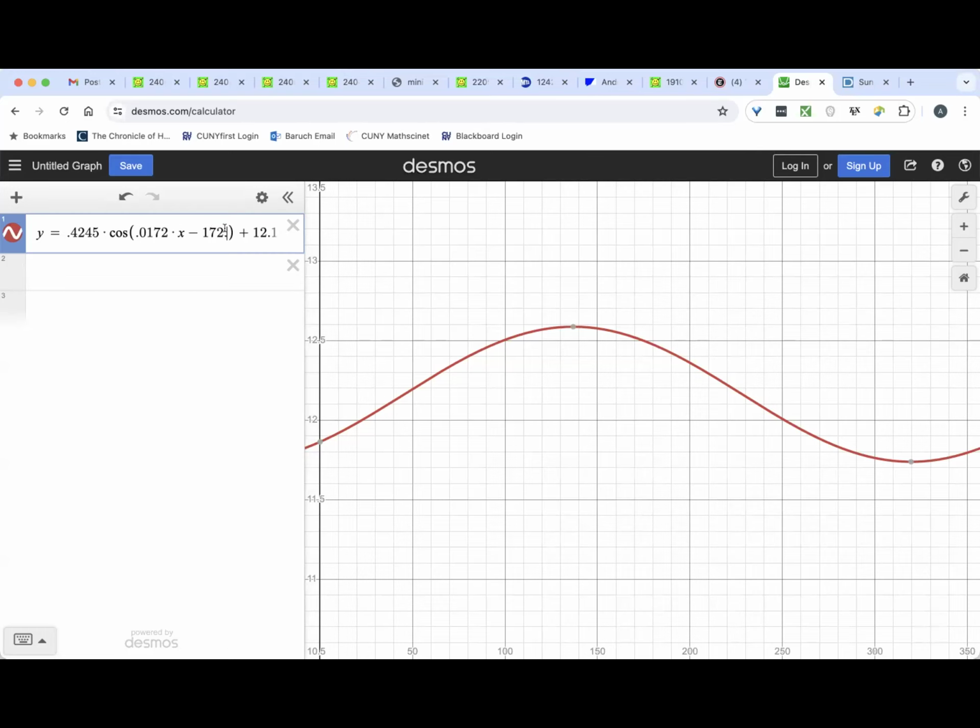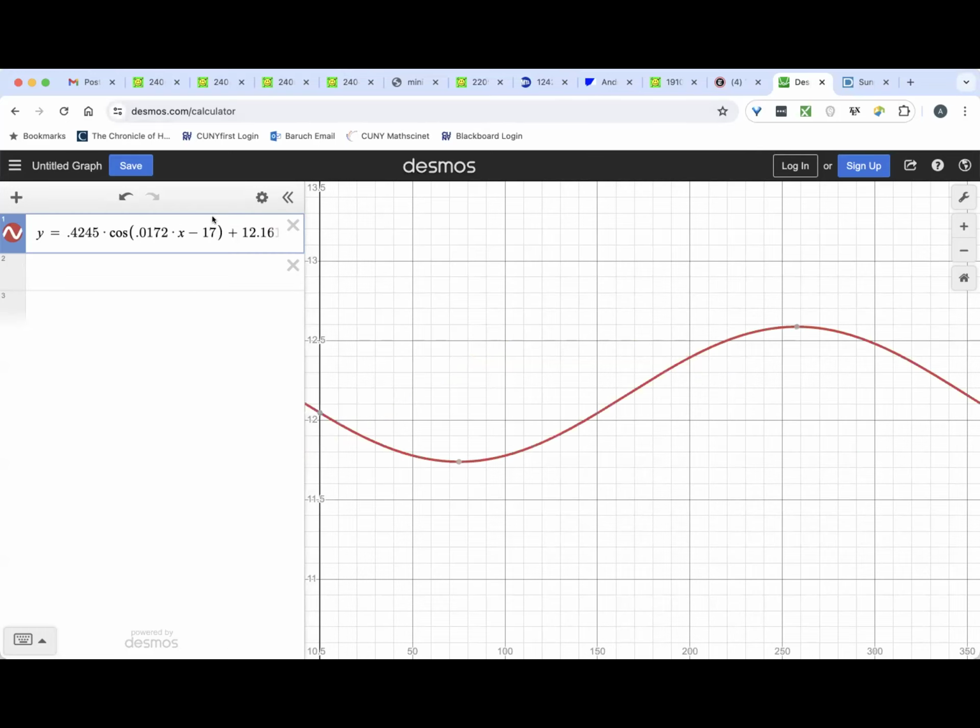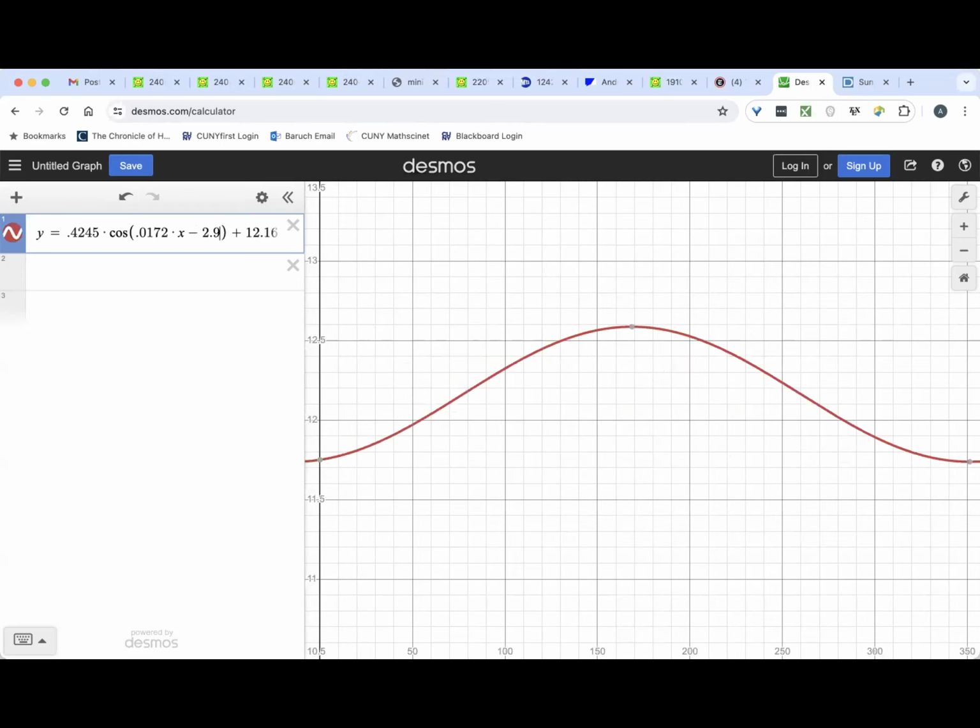This should be 2.967. That would be right. But what we really want here instead is 0.365. And then this is all going to be the same, 12.161.